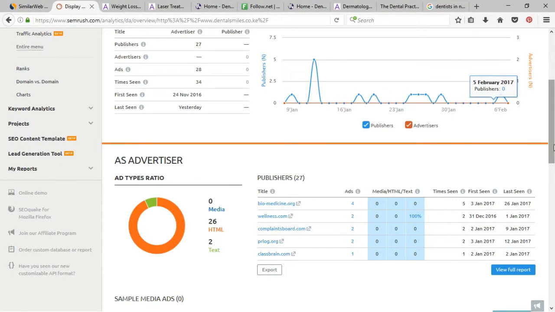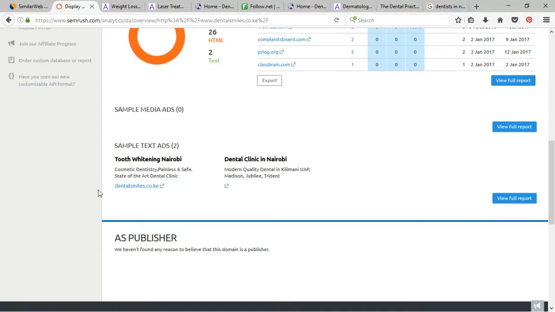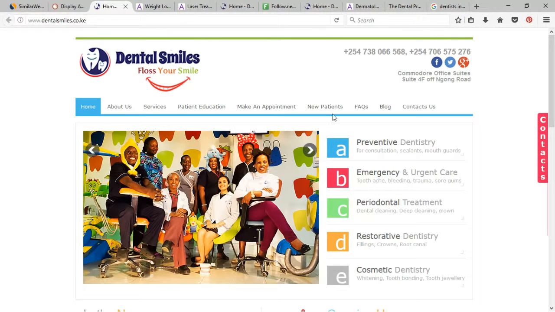Okay, we can scroll down here, and these are the ads that they're running. They're talking about tooth whitening in Nairobi and dental clinic in Nairobi. Let's click on tooth whitening and see where it'll take us. It takes us directly to their homepage.